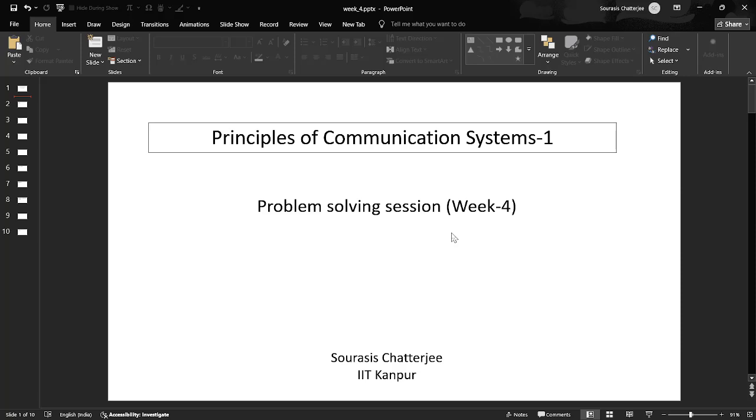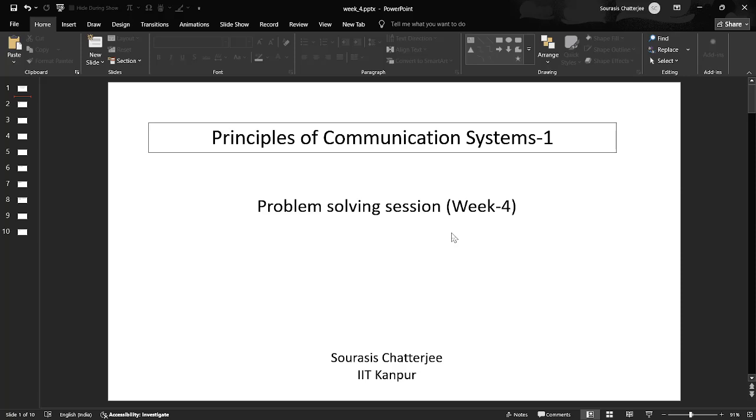Today, if you remember, last time we discussed amplitude modulation related model questions and briefly got into the pros and cons of amplitude modulation. We saw that power efficiency in the best case scenario is only 33.33% for ordinary amplitude modulation.